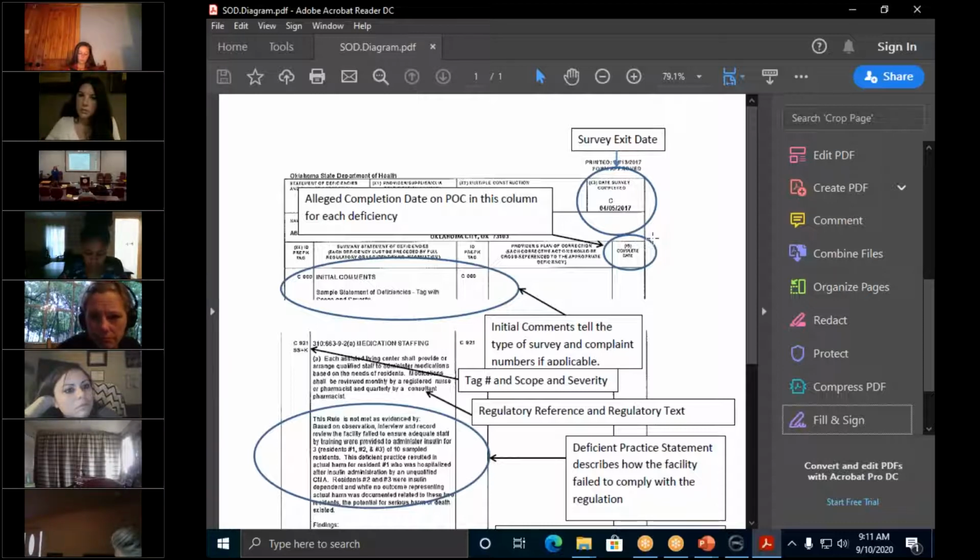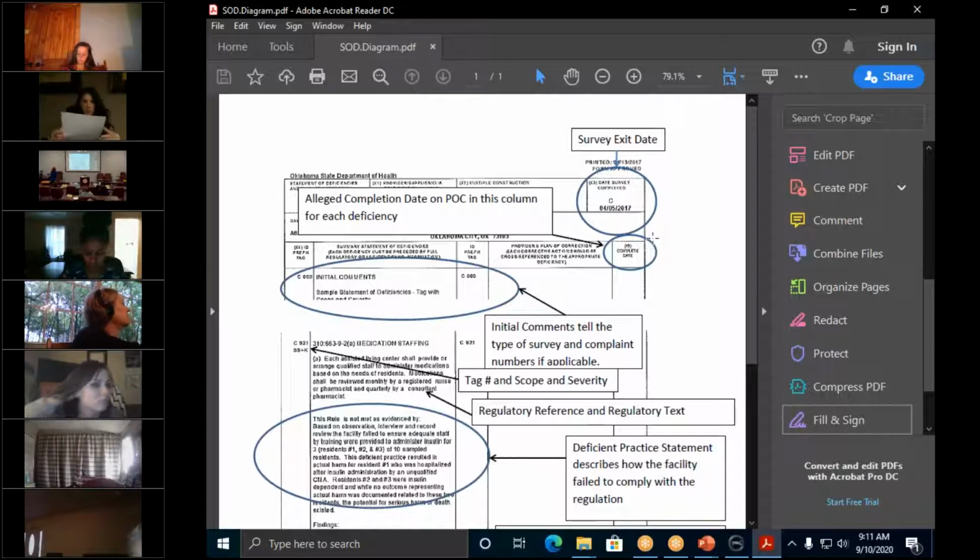So it'll say something like, state surveyors came out to do an abbreviated survey on complaint number blah, blah, and blah. I don't know, maybe they're just working three complaints and that's why they're there.